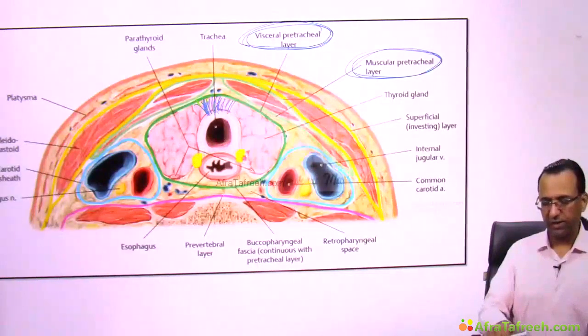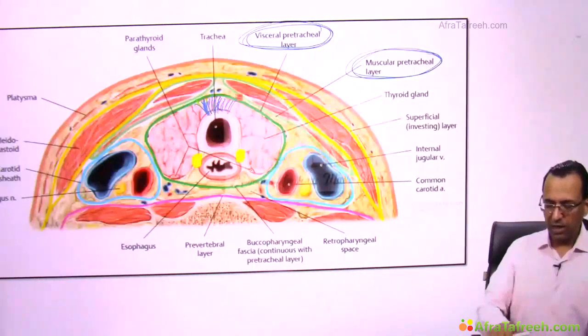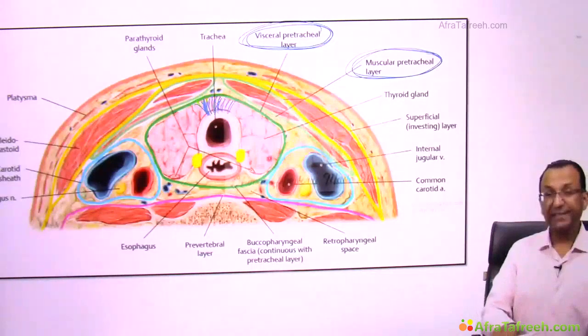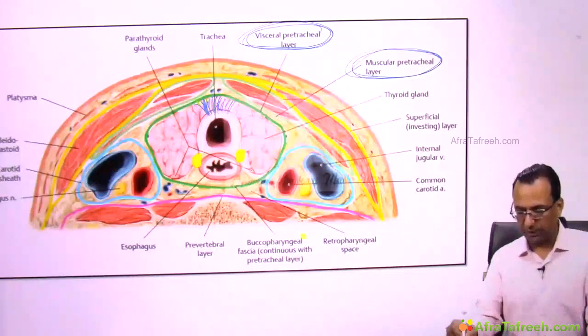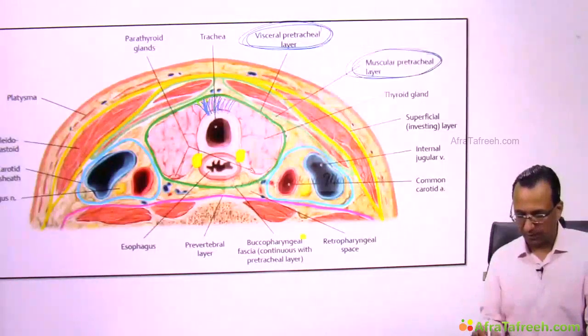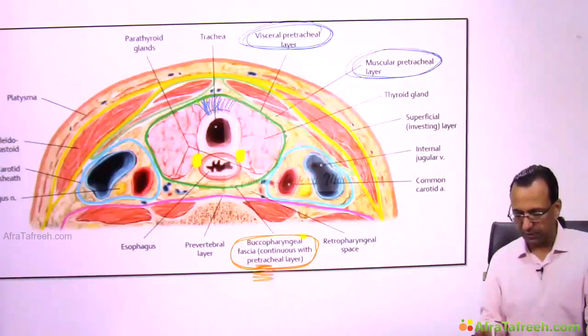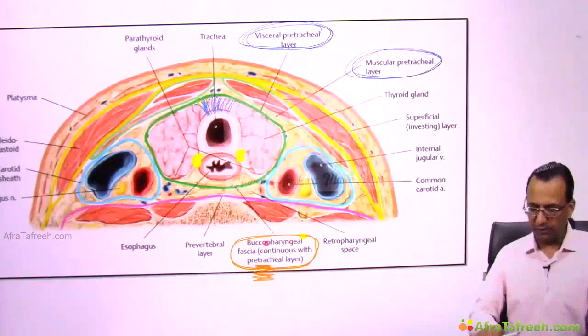Yes, recurrent laryngeal nerve, branch of the vagus nerve, in the tracheoesophageal groove, enclosed by which fascia? I think enclosed by pretracheal fascia. Yes, correct. What is this fascia? That must be the buccopharyngeal fascia. Yes, that is correct. Buccopharyngeal fascia continues with pretracheal fascia anteriorly. So buccopharyngeal fascia is posterior and pretracheal fascia anterior.